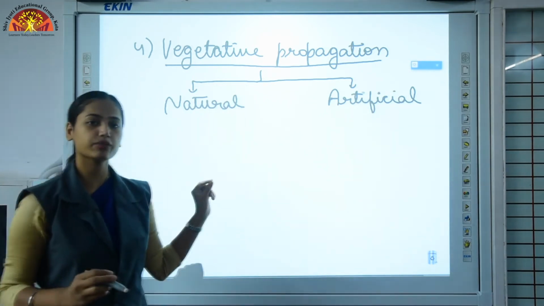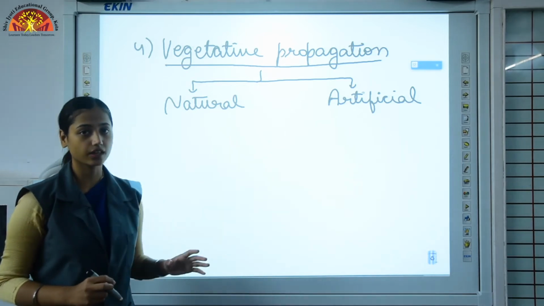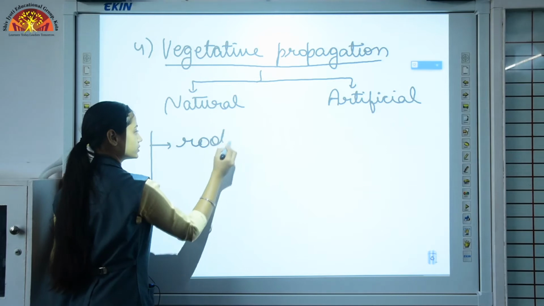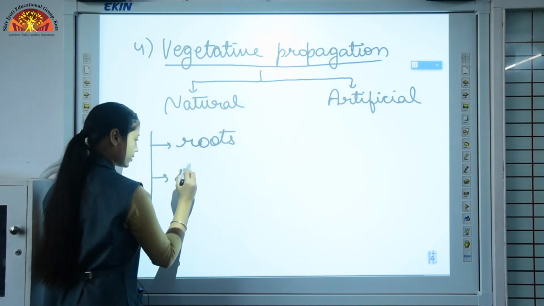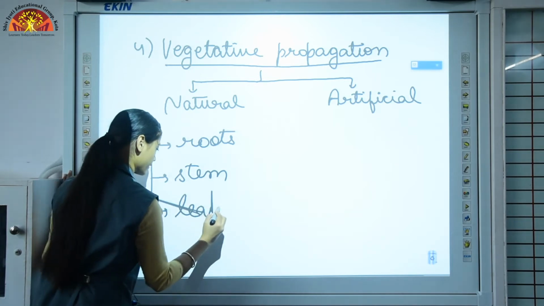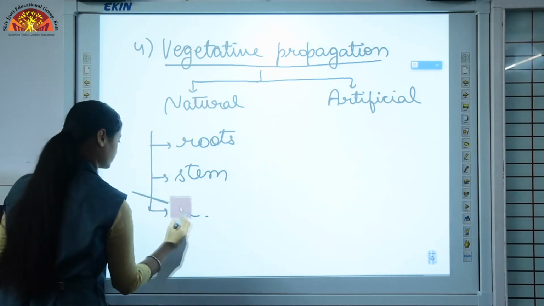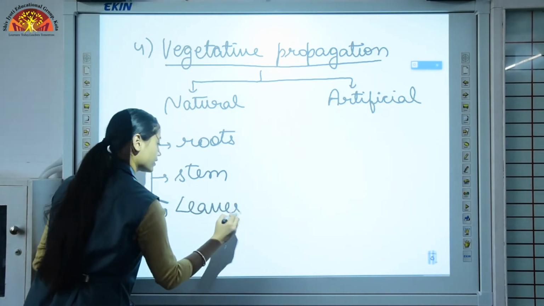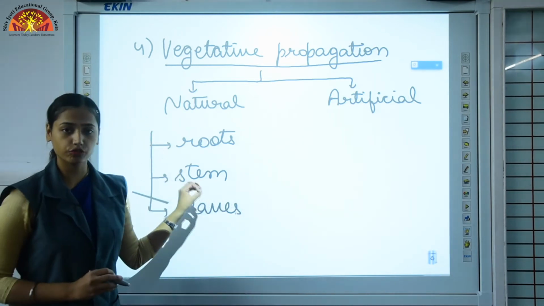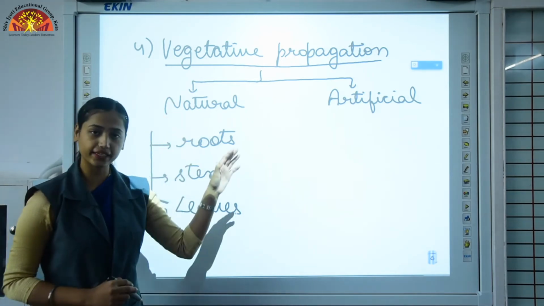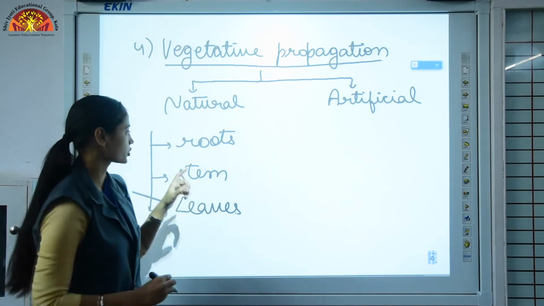Now which vegetative parts did I tell you right now? There are three vegetative parts: roots, stem and leaves. So if these parts are involved in reproduction, then we call it vegetative propagation or vegetative reproduction.